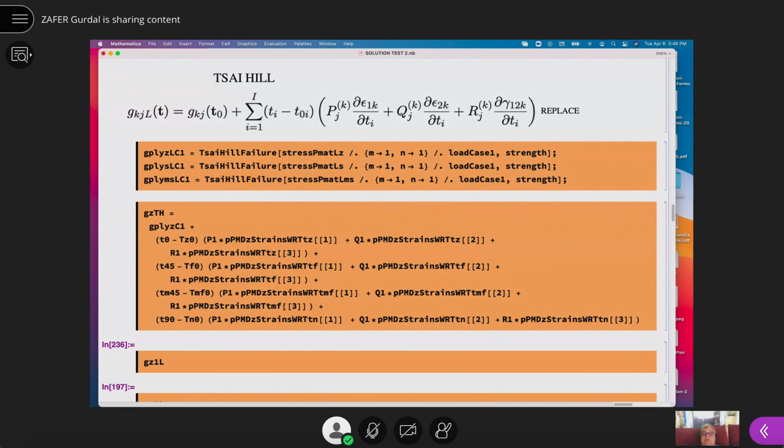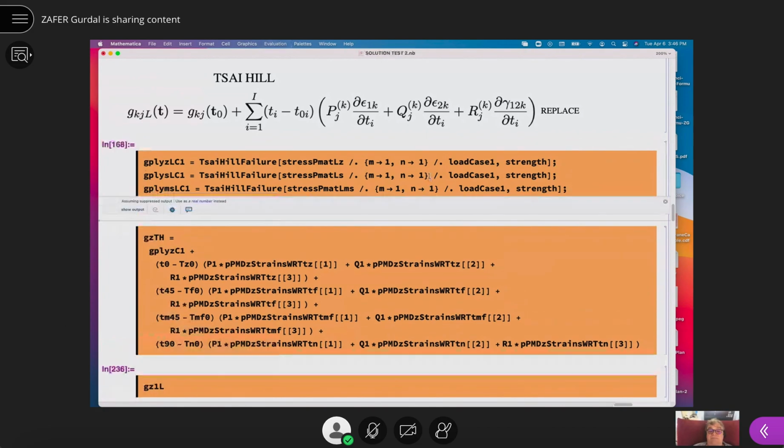But I know later on, as I reach different values to create different approximations, I'm going to have to change M and N, because I cannot send non-numeric values to Sci-Hill. Sci-Hill has to produce a number, so it takes only numeric stress values of principal material stresses in the 0, 60, and minus 60 layers, and produces the baseline value. So there are 3 numbers that will come out of this.